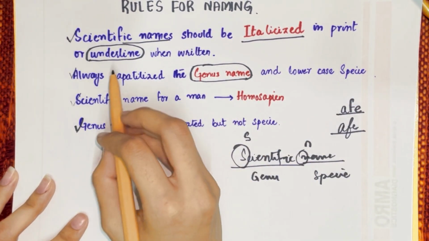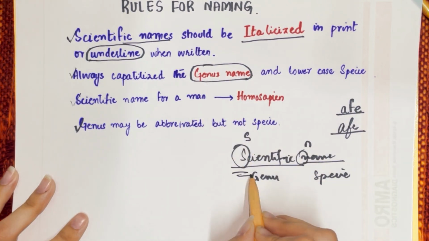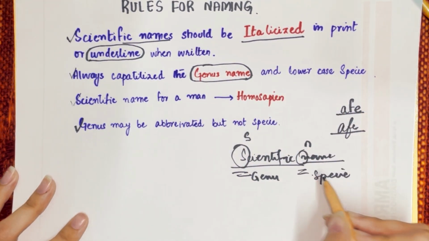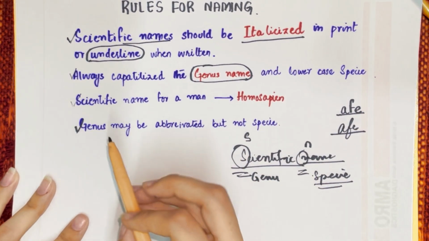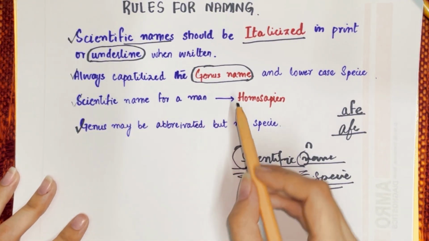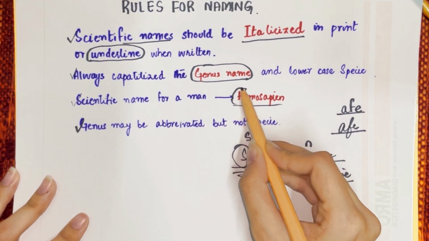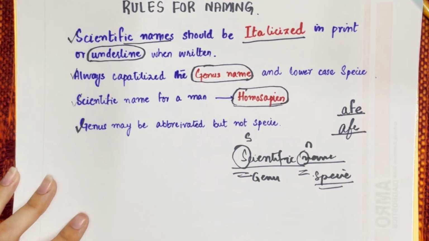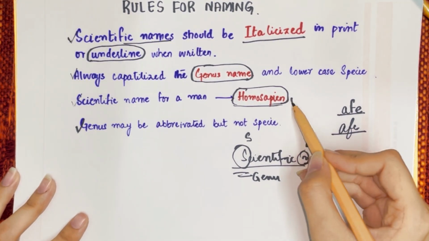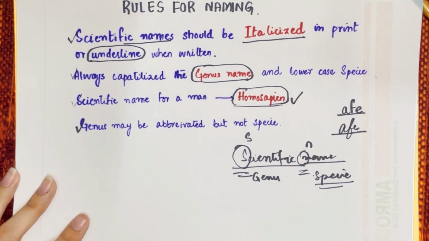The species should be lowercase. The third pointer says the scientific name for a man is Homo sapiens. This is a very commonly asked MCQ based question: what is the scientific name of a man? All human beings are named as Homo sapiens in the scientific manner.